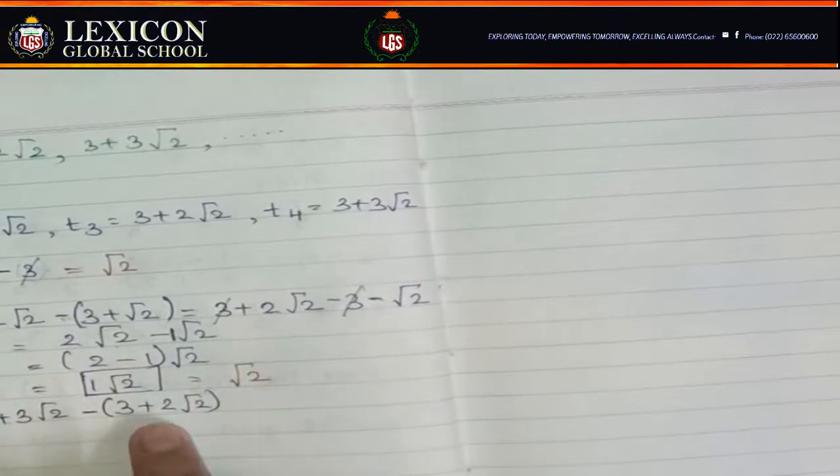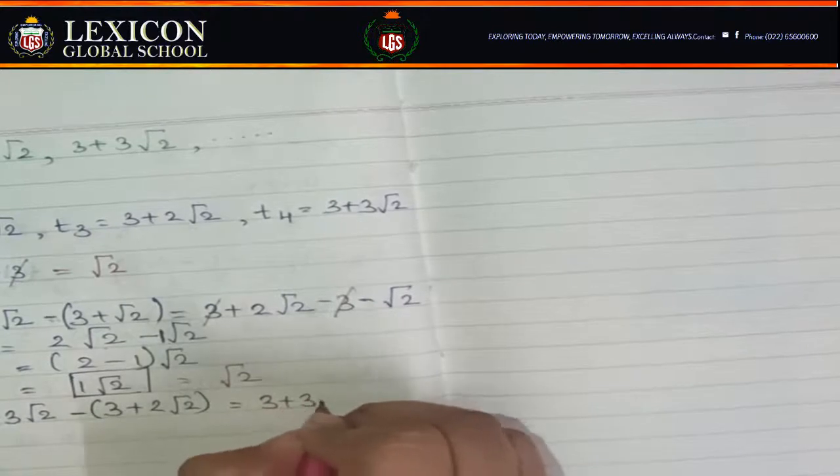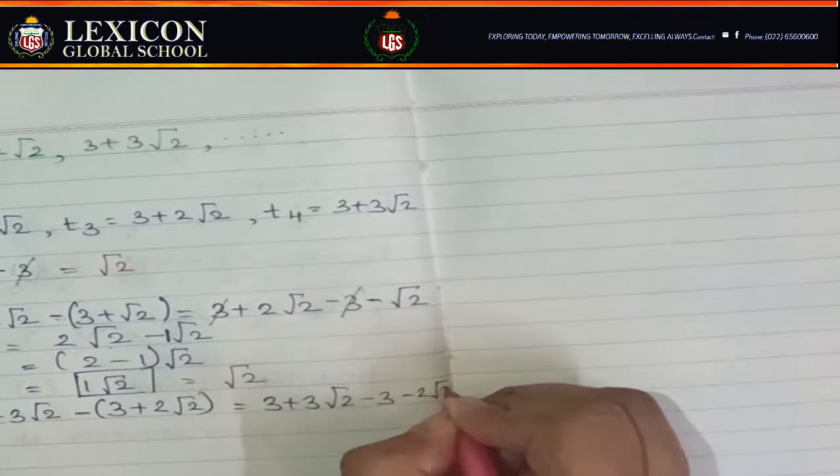Since I've put a bracket, again the same thing we are going to repeat. The signs of the second equation are supposed to change. That means the first equation will remain as it is, minus 3 minus 2 root 2.